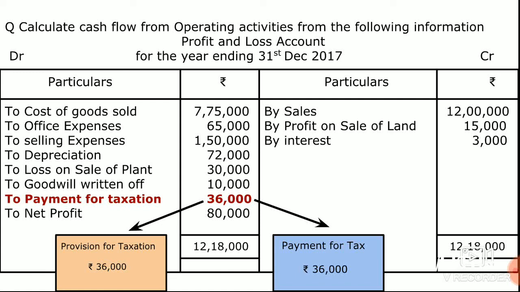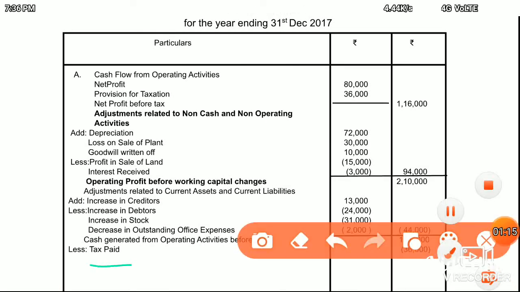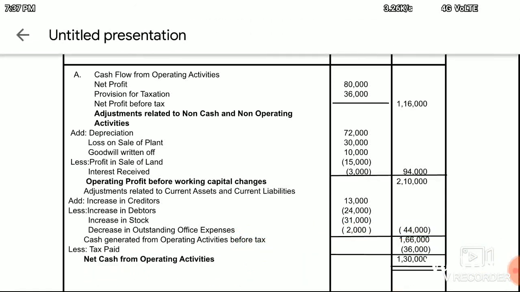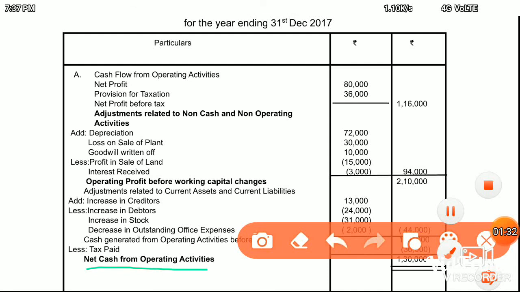We show this payment for tax of 36,000 in our format as less tax paid, and we deduct this from cash generated from operating activities, which was 1,66,000.